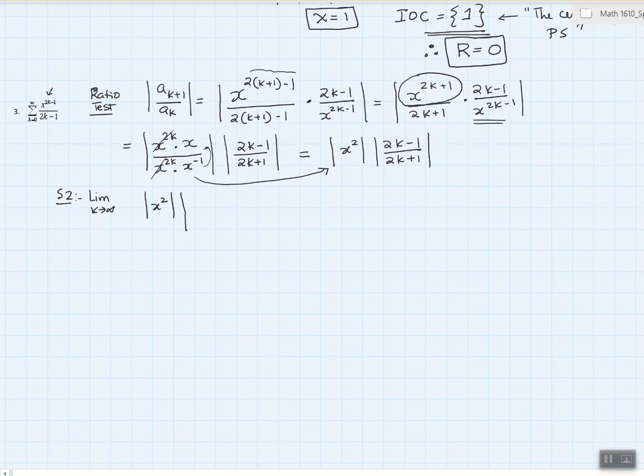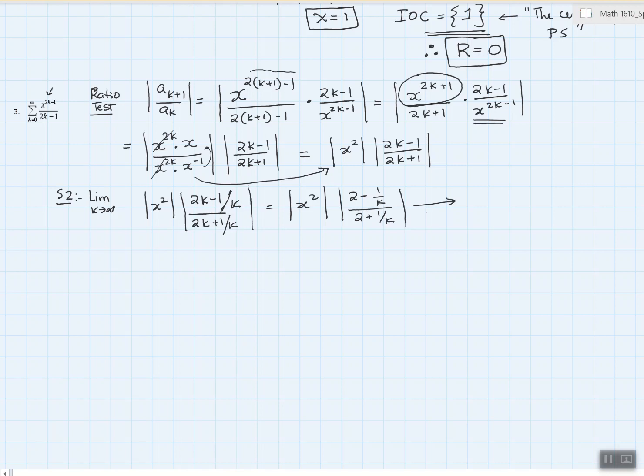Now 2k minus 1 over 2k plus 1. So I'm going to divide the numerator by k, and 2k plus 1 divided by k. So that is 2 minus 1 over k divided by 2 plus 1 over k.